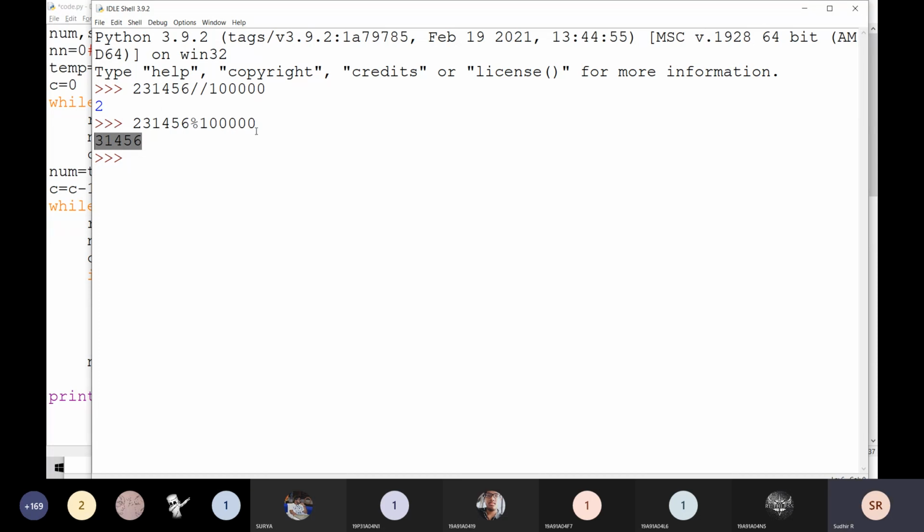Do you get my point or not? And again I am going to write the same thing. Number is equal to, for example, number is equal to like this. Again, then I am going to write c is equal to c minus 1.